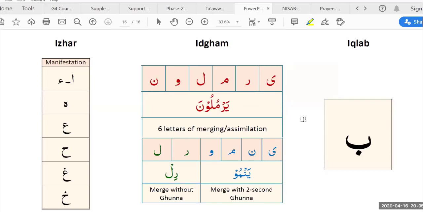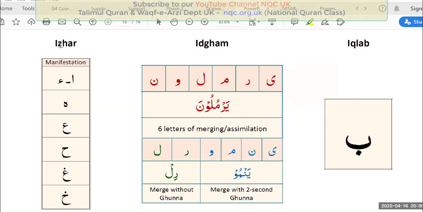And lastly, we have covered the rules of Nun Sakin and Nun Tanween. The rules are Izhar, which is performed on the following 6 letters: Alif, Hamza, Ha, Ain, Ha, Ain, and Kha. Then we did Idgham. There are 6 letters of Idgham, which can be easily remembered through this word, Yarmulun.